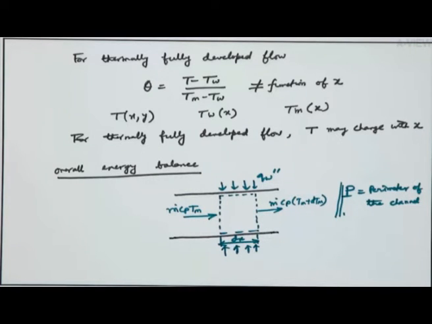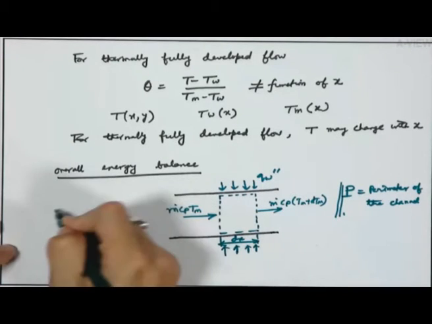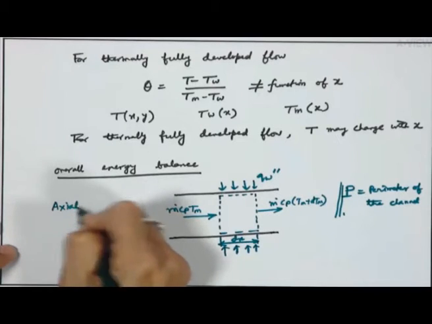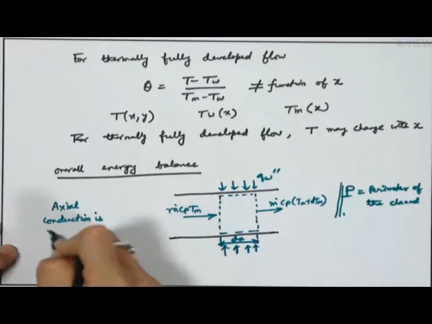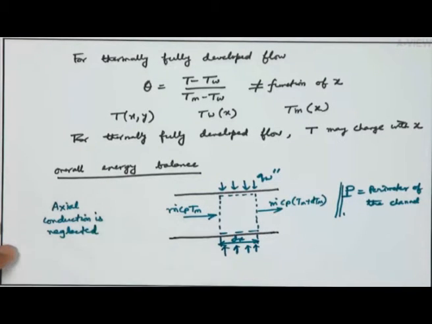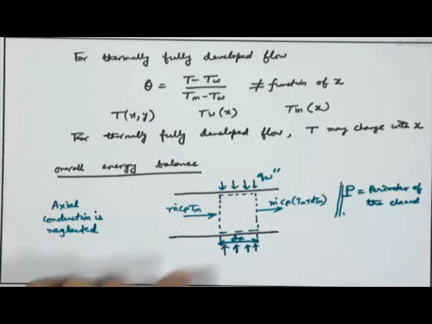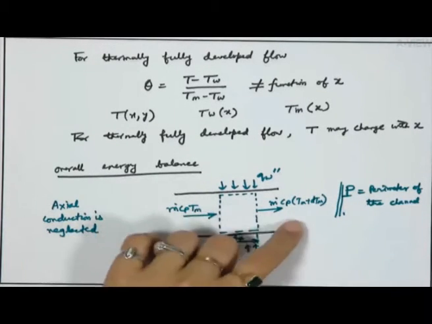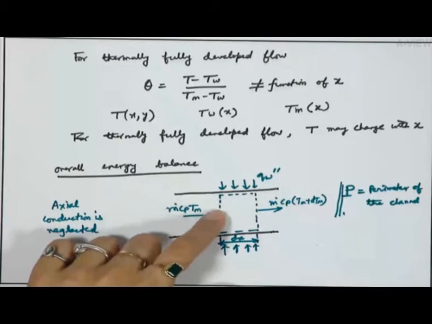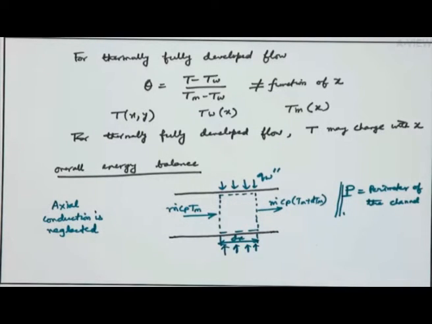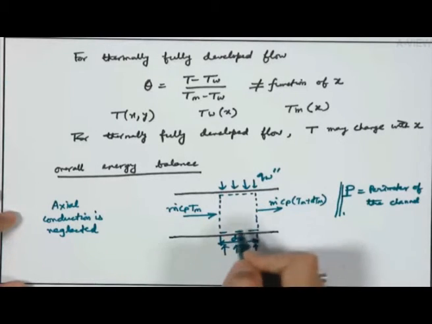If axial conduction is neglected, then only the advective transport of energy is the energy transfer at the two sections. Otherwise, you have to also write the conduction flux here and the conduction flux here. So, if you neglect axial conduction, now you can write an overall energy balance.